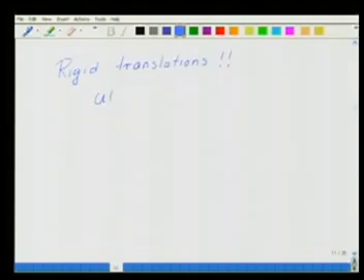From physics, what does this mean? It means that for rigid translations, which means that if my u of x is equal to some constant, that is, the whole bar is moving as an entity, in that case the stress and the strain at any point in the bar are 0, because it's a rigid body motion.